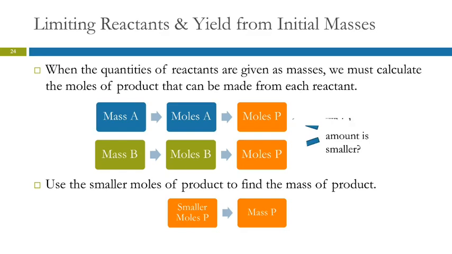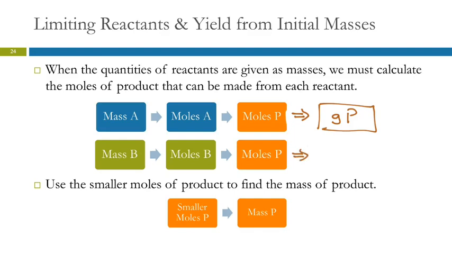So I'm going to just white that out there. Yeah, I guess orange would be good here. So just continue on here. From moles of product, go to grams of product. And from that moles of product, go to grams of product.